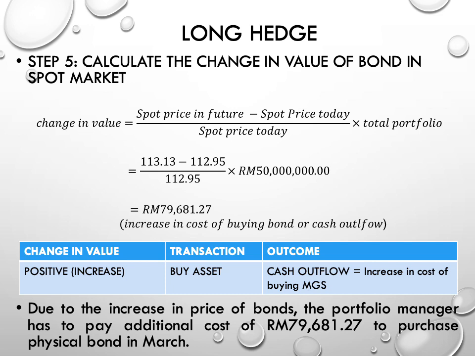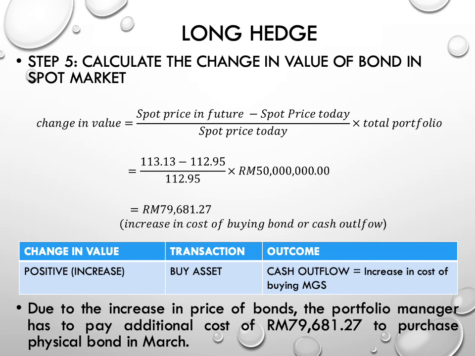Step number 5, you calculate the change in value of bond. The formula is spot price in the future minus spot price today, divided by spot price today, times total portfolio. From the hedging table, in the spot market or cash market column, spot price in the future is 113.13, spot price today is 112.95, and the total portfolio amount in the spot market is 50 million.